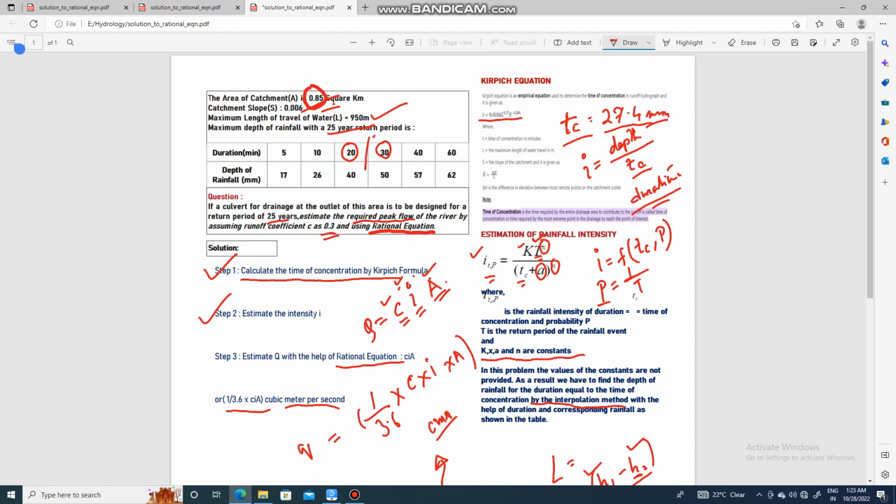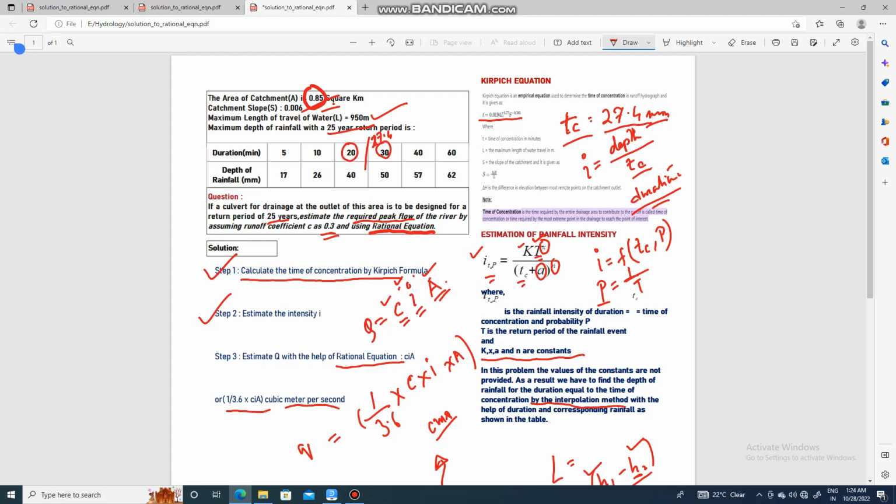So we have 27.4. If I take only 20, then 27.4 is not 30, not 20.